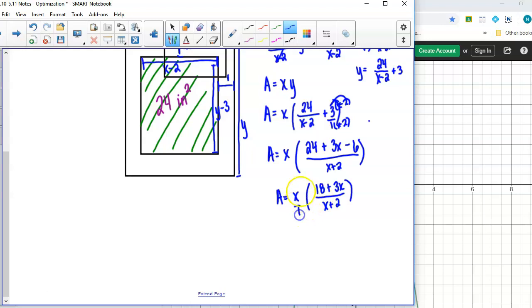And this is x over 1, so let's distribute that x to the top. So I would have 18x plus 3x squared over x minus 2. I hope this works out because it's backwards from the way that I did it. It is. Yes, let's fix that.